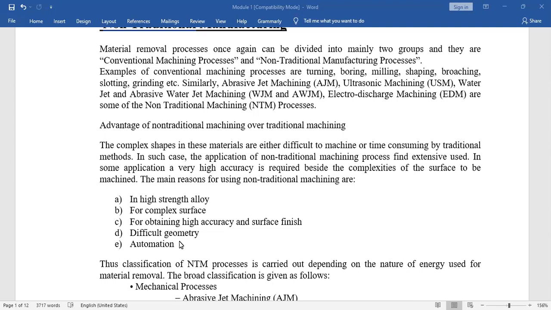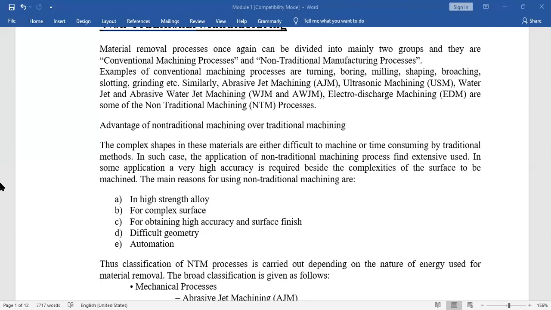Nowadays I think all of you have heard about the different types of material that have come, like smart material, then super alloy, then composite material. So this type of material has come into existence, which has very high strength.